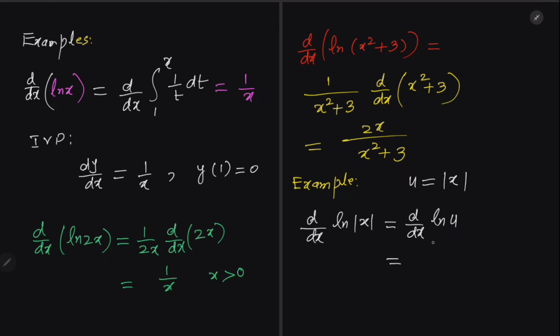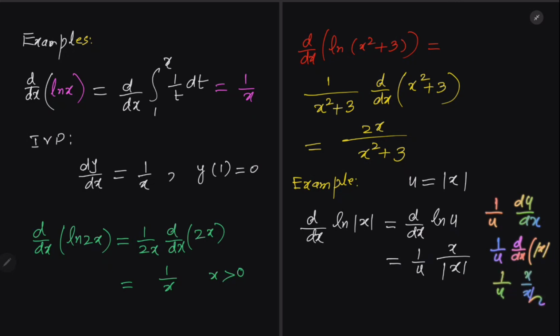Since you need to apply the chain rule over here, that will be 1 over u and du by dx. 1 over u, and u is the absolute value of x, and we know that the derivative of the absolute value of x is x over the absolute value of x.